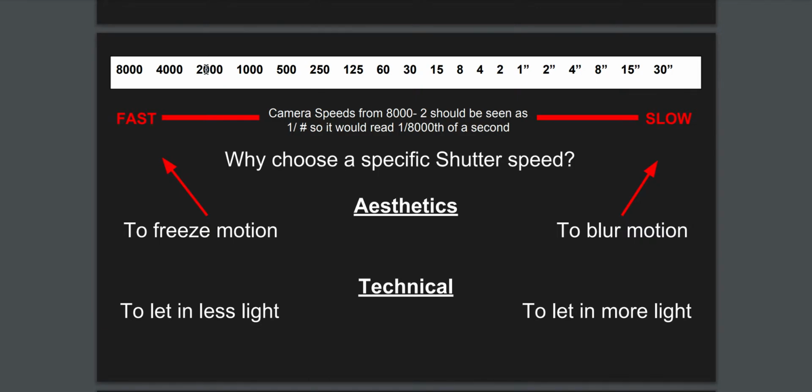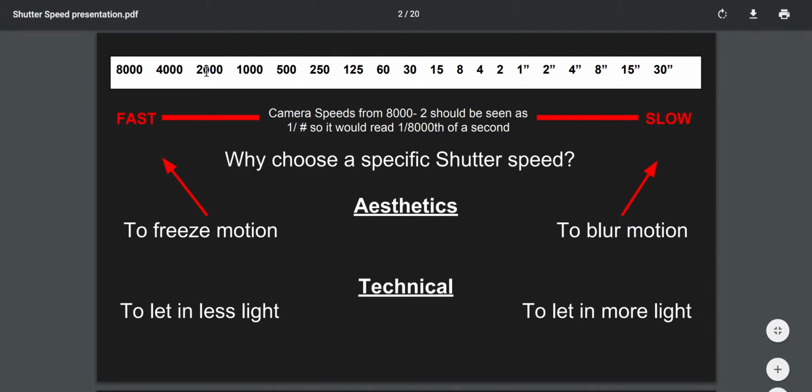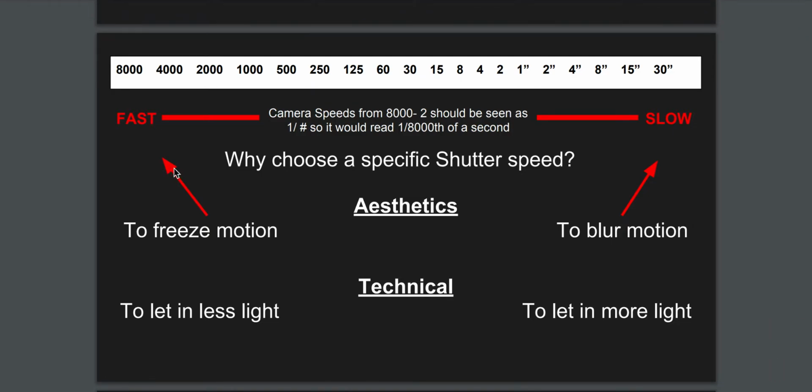Then 1/2,000th of a second, followed by 1/1,000th of a second, and so on. So these are really fast shutters. These can freeze objects in motion, but the downfall is because it's so fast, it lets in less light into our camera. That can be a good thing, it can be a bad thing, depending on what you're photographing.